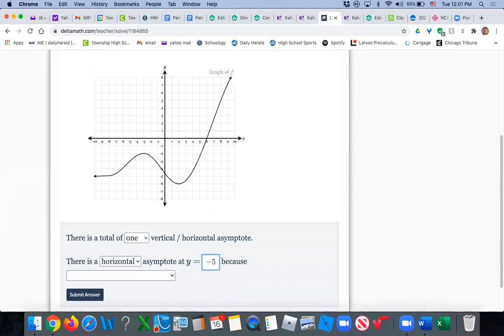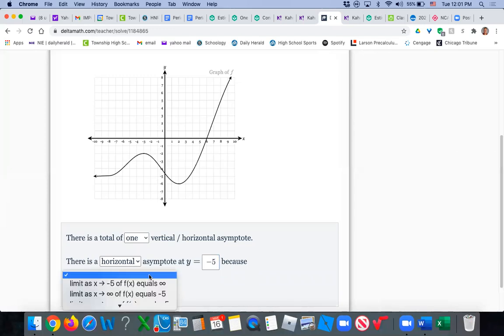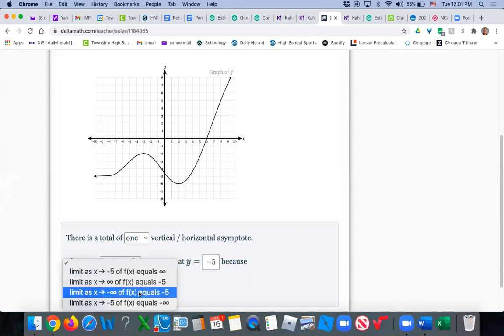You're going to choose between vertical and horizontal. Sometimes there's both. And then what type of asymptote they are. Now, why do I think that? Because as our x's go to -infinity, meaning our inputs go to -infinity, our outputs go to -5.